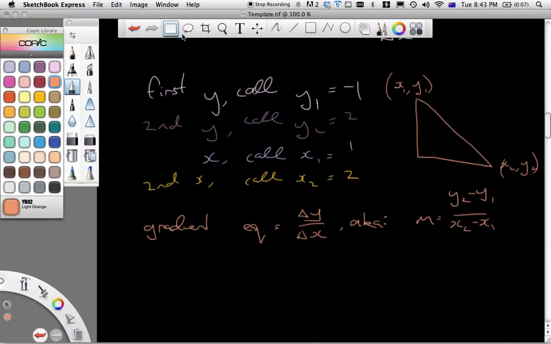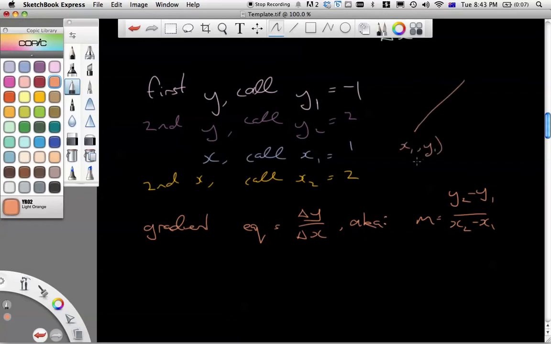I should actually probably do that. x1, y1, x2, y2. And obviously the graph keeps on going forever, but these are just the 2 points that we're considering.